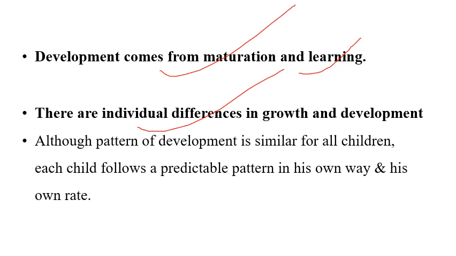The pattern of development is 1 year, 2 years, 3 years, going in sequence. The events that occur at a particular age will be the same, but the rate of growth and development will be different from one child to another. For example, one child will grow very fast, and one child will grow very slow. So these are the principles of growth and development.